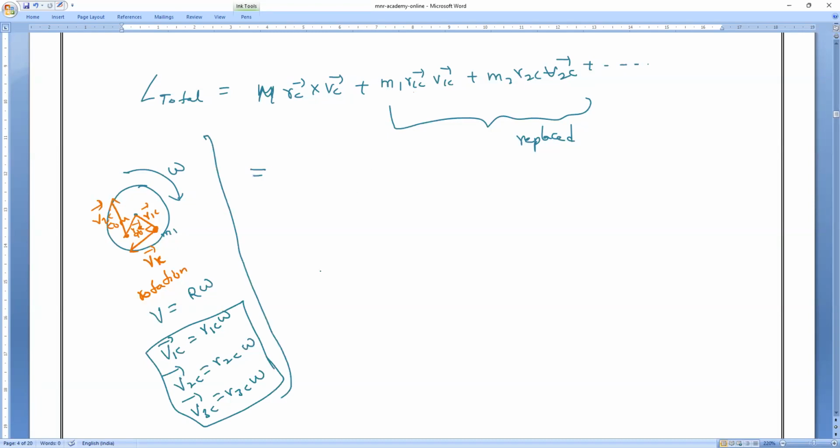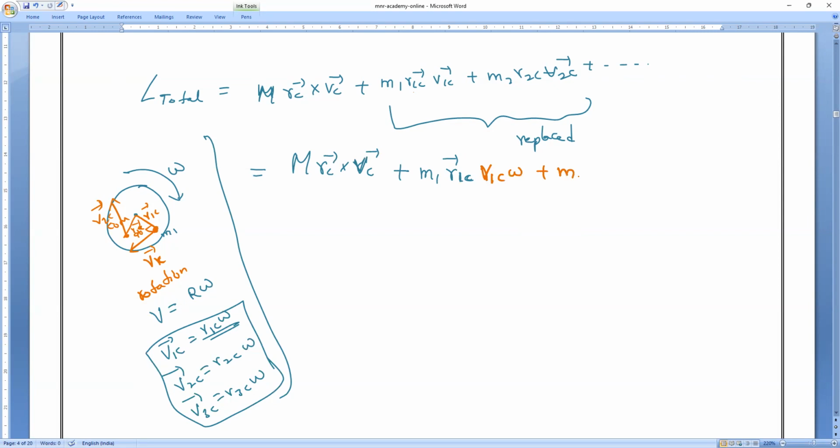Now, capital M into RC into VC plus M1 into R1C. In place of V1C, what can I write, guys? R1C omega.